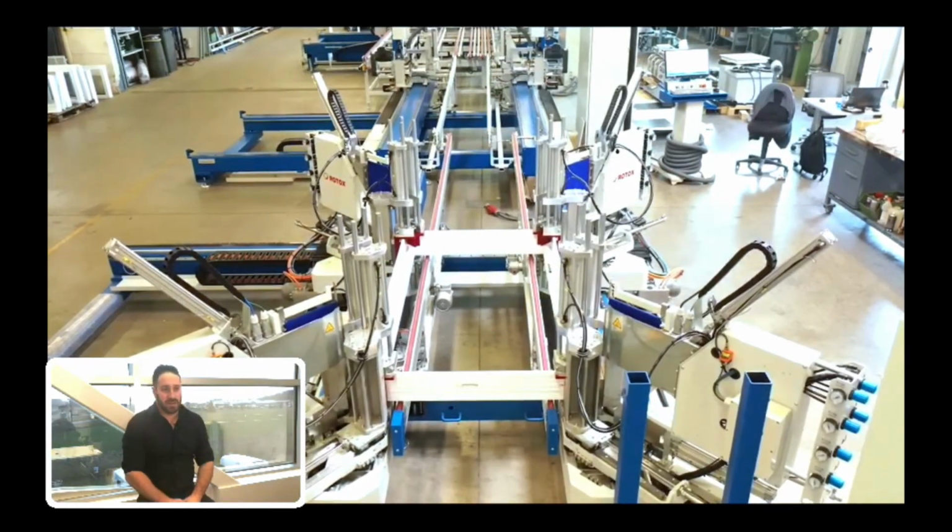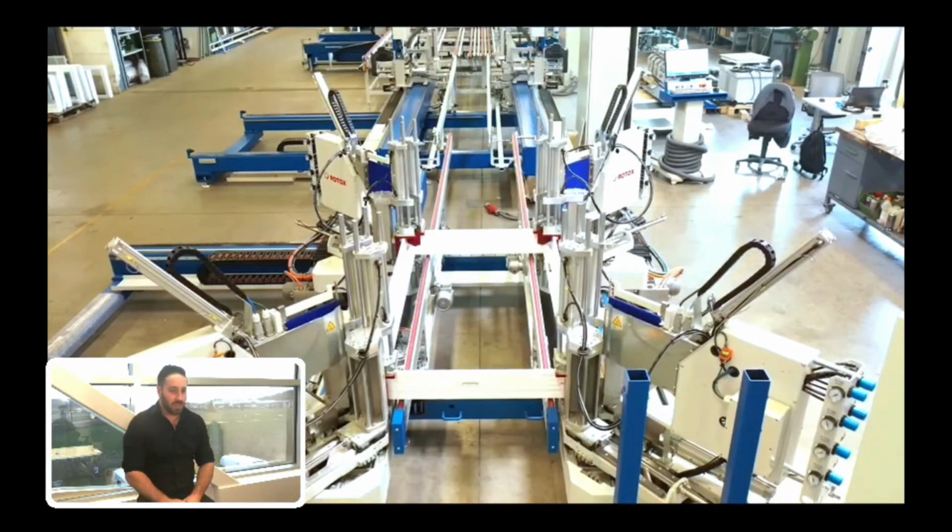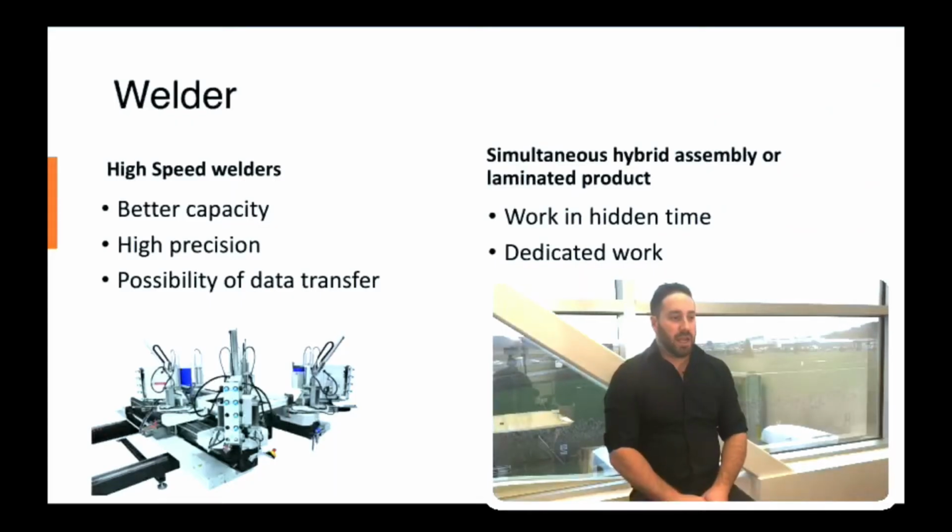You could be using that data transfer as well if you're building, let's say, hybrid windows. If you're doing some wood extensions, any type of measurements that you're going to be taking on the window, normally you could be sending that information directly to your working tables as a cut list or just a list that you want your employees to have.